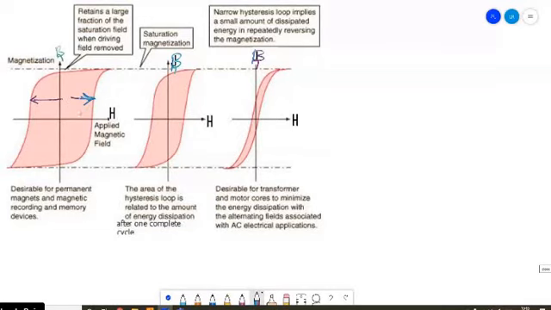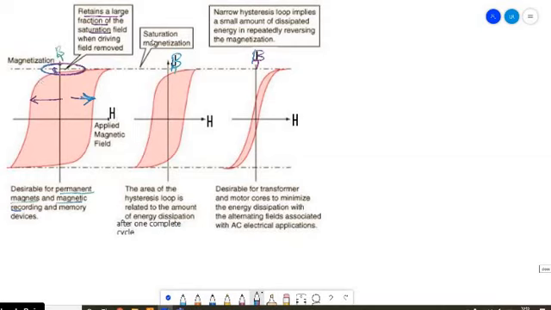This is required when you are going for permanent magnets, or for magnetic recording or memory devices where you want to retain the magnetization that has happened. Even for a huge decrease in height, you will notice that B has not dropped much. It retains a large fraction of the saturation field when the driving field is removed. So most of B is still retained.